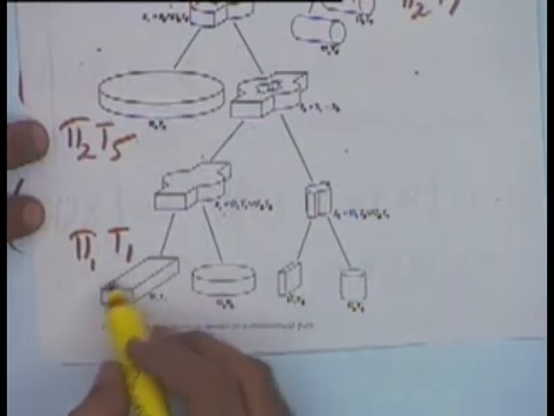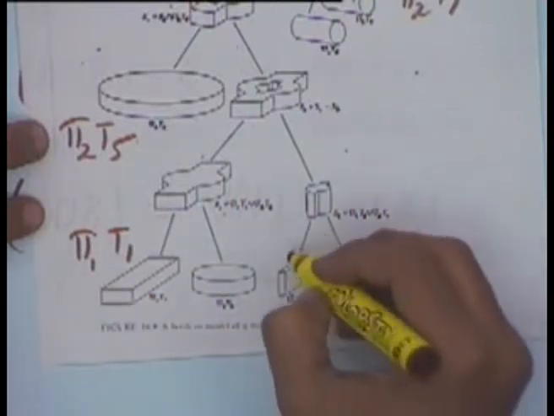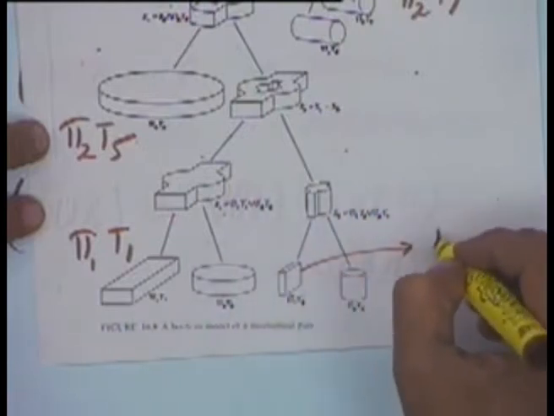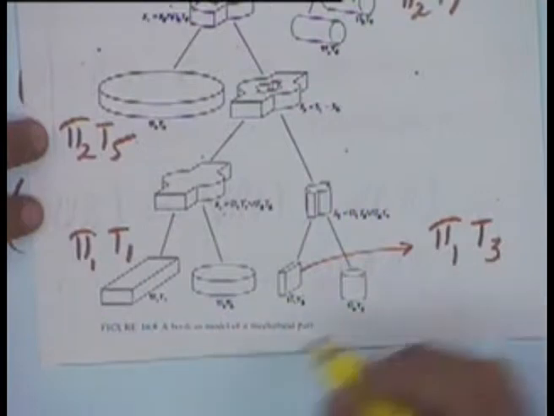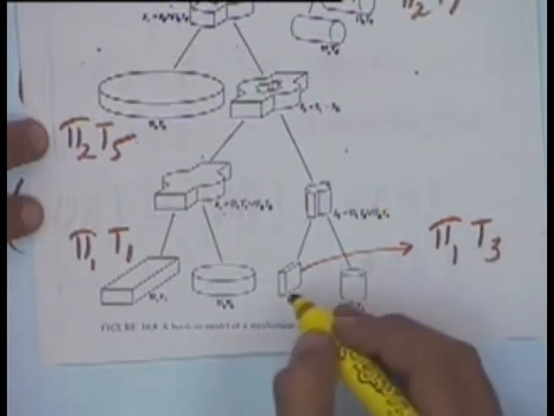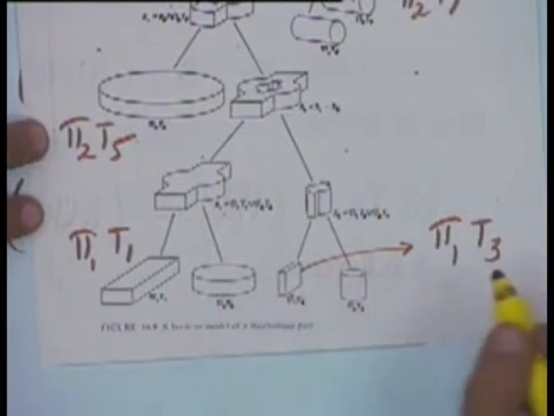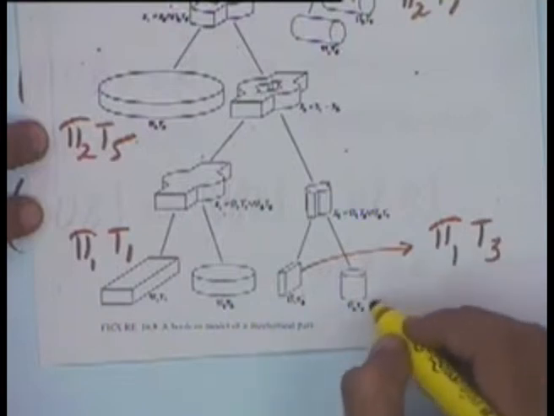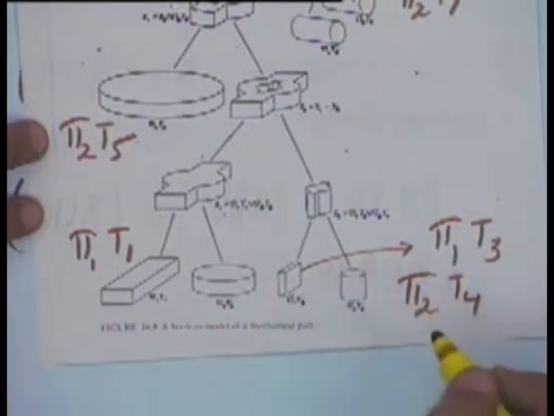T1 is a transformation which transformed it into this block. Similarly here I have this as pi 1 T3. Pi 1 is unit cube, T3 is a transformation which converts it into this block. And pi 2 T4, which is again a unit cylinder transformed into this cylinder.